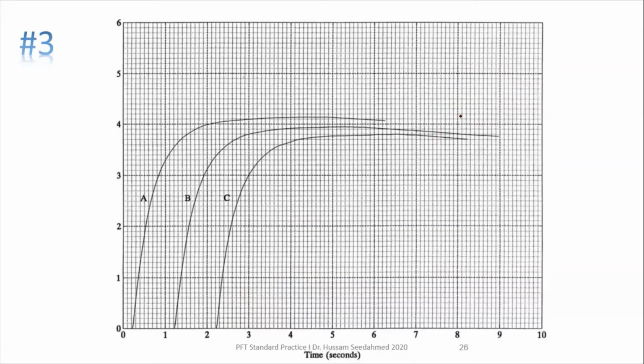Why are they not acceptable? Yes, very good. Also failure of plateau. But this is the opposite of the previous one. Here the plateau is declining. This usually indicates a leak, either from the mouthpiece or from the wires. Yes, very good, Dr. Mazin. This indicates a leak.